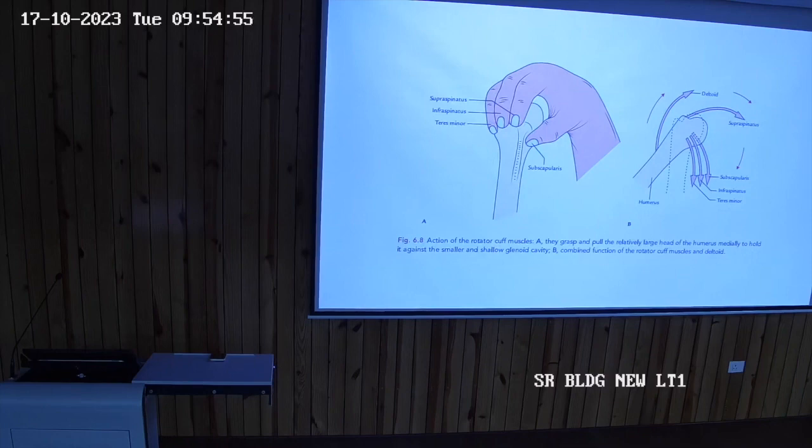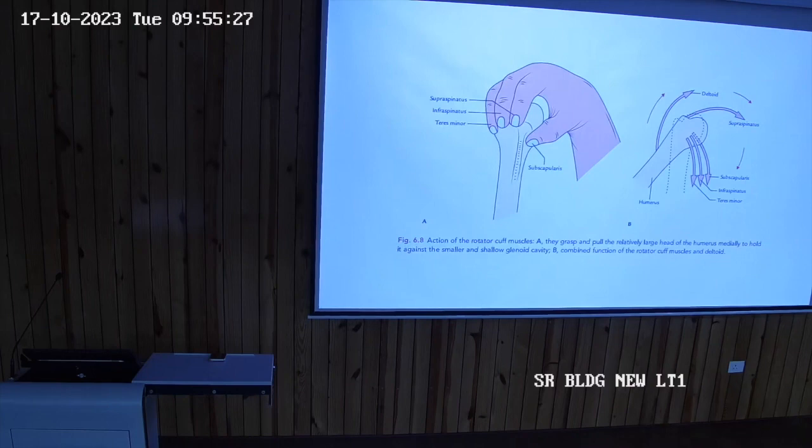The head of humerus is large, and to hold it there is the rotator cuff. So what does the rotator cuff do? It grasps the head of humerus and pulls it medially into the glenoid cavity. That is why it is a very important part providing the stability of the joint. If any of the muscles is not working, the rotator cuff will be least perfect.